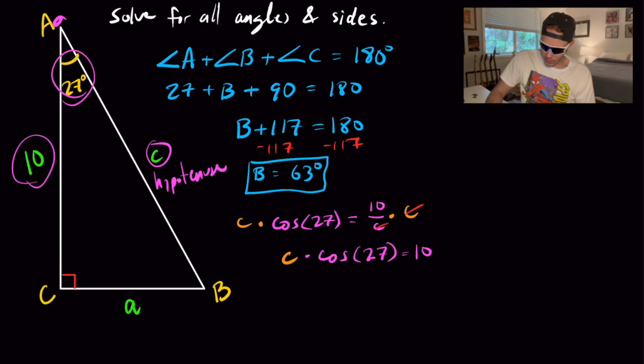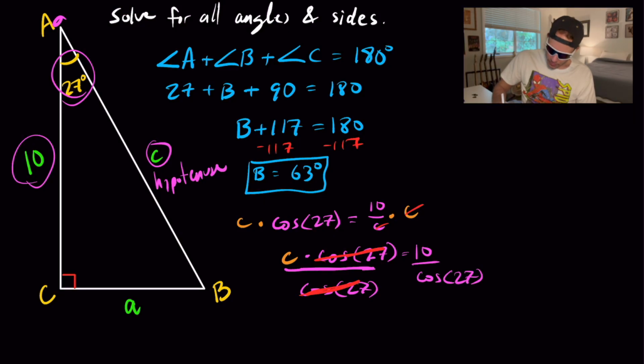So what I'm going to do is divide both sides by cosine of 27. So these ones will cancel out, and we'll be left with C is equal to 10 divided by cosine of 27.